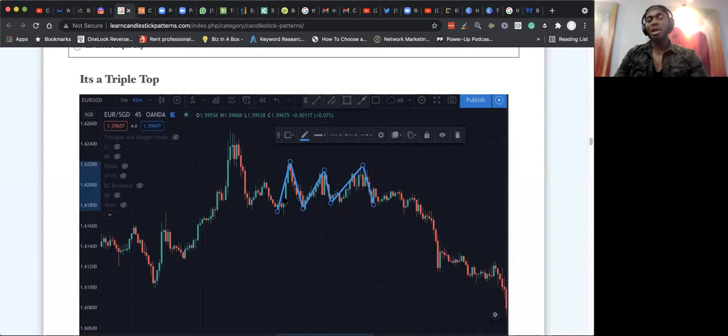You know how the price chart is a chart of human psychology. The human beings trading this currency pair tried multiple times to go beyond this price, but the buyers were not willing to pay any more than that.